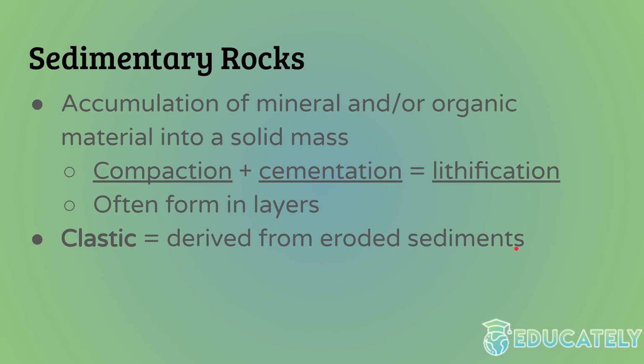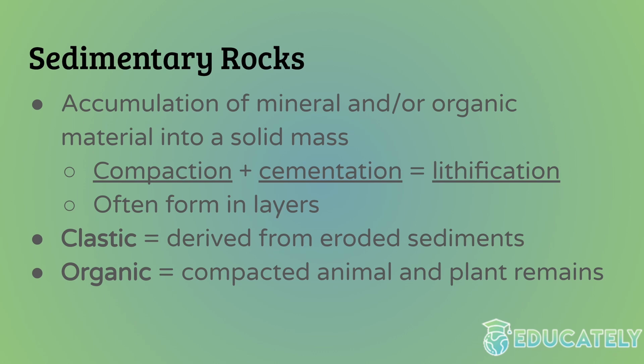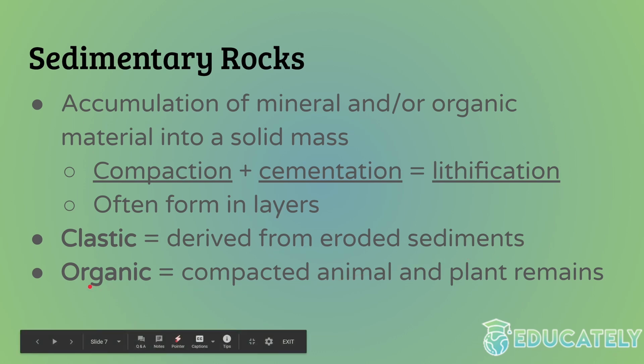So you can say inorganic rocks from cliffs and the side of a river, things that don't include what I'm about to talk about. Just regular pebbles and rocks and sediment that gets mushed together. Obviously these other ones also include sediments, but you'll see the difference. Organic sedimentary rocks are compacted animal and plant remains.